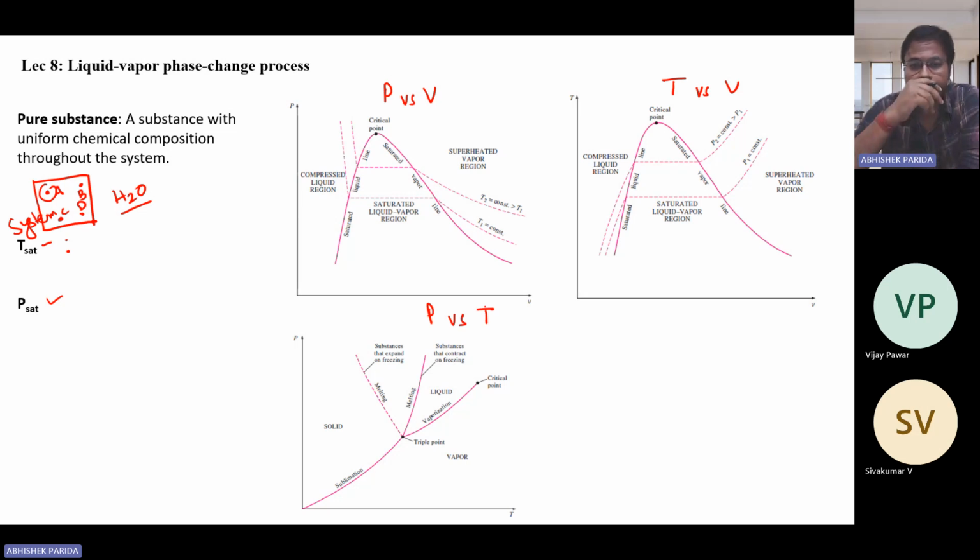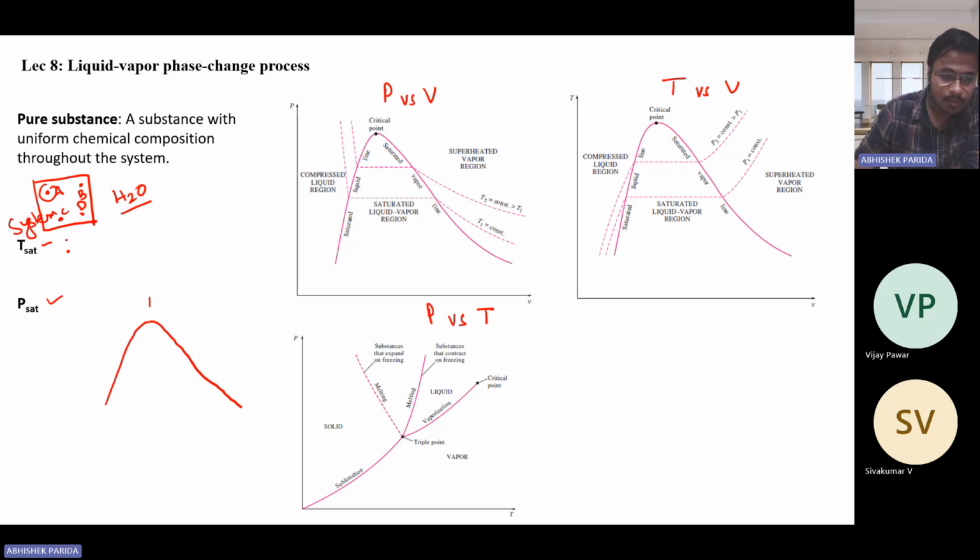So these are the generalized phase change diagrams for all pure substances. Try to remember all these curves, because there is a slight change between them. You can see there is a dome-like structure. In any phase change substance, you will always find a dome-like structure.